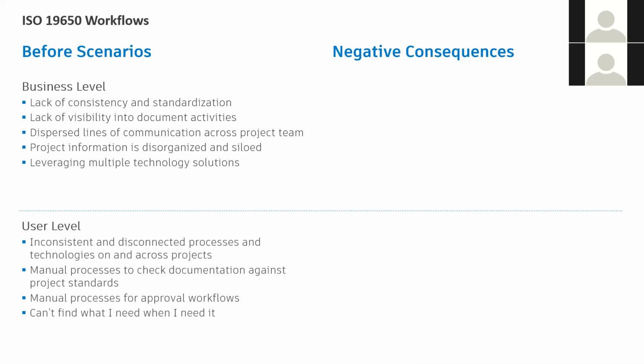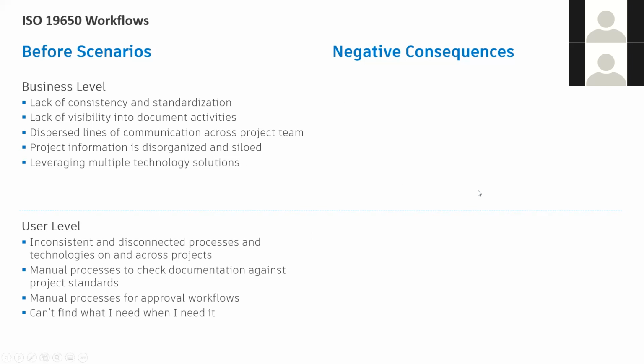Then I suppose at a user level, inconsistent, disconnected processes, like I discussed, sharing files by email, or by another non-construction related storage cloud solution, with inconsistent technologies. If it doesn't speak to the software that it's coming from, that can be an issue, and I've seen that myself as well.